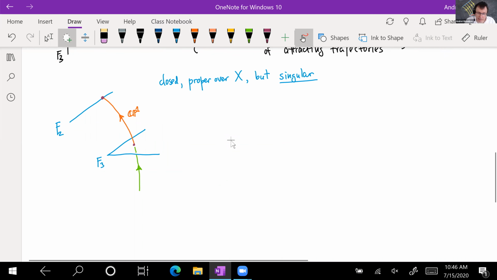then in reality, these attracting trajectories are not going to hit this S3 in something nice. In fact, they're going to hit S3 in something very singular. They'll draw something like that. So the trajectories, if I start with really nice trajectories, are going to hit the fixed locus in some very singular way.